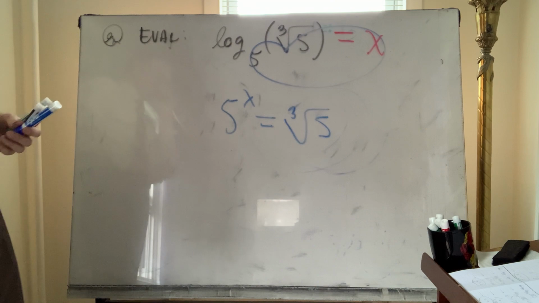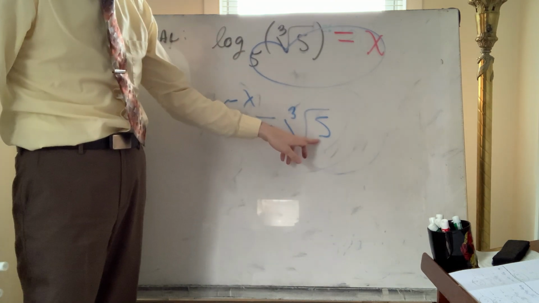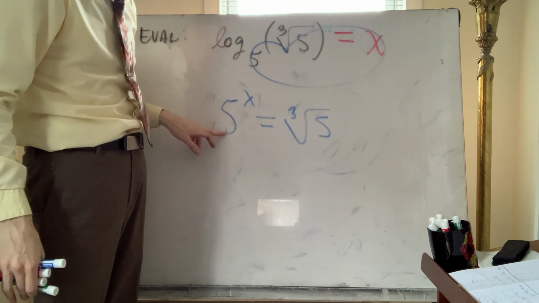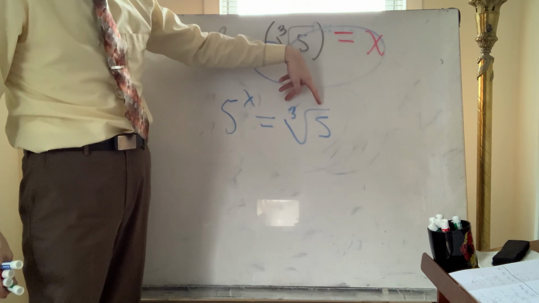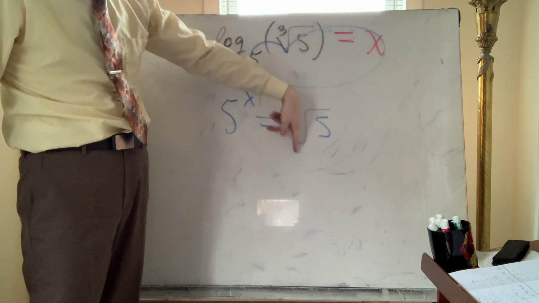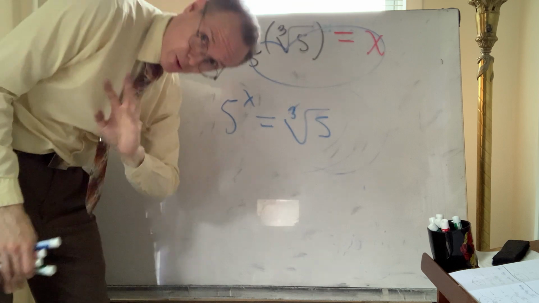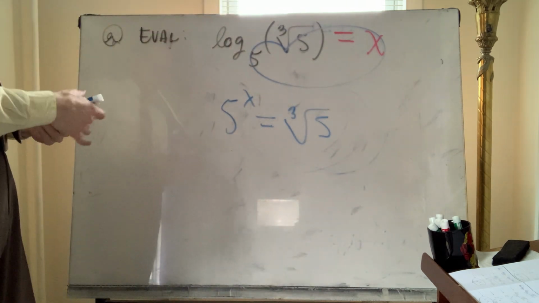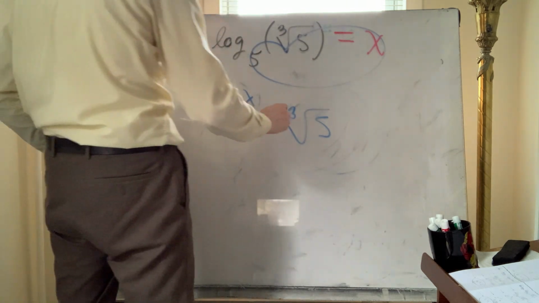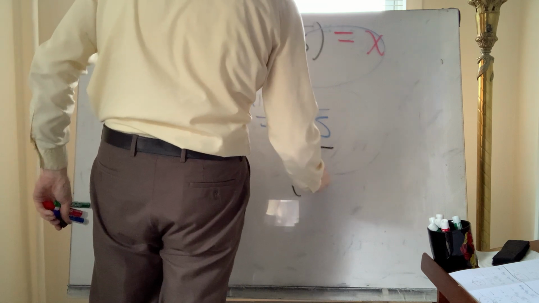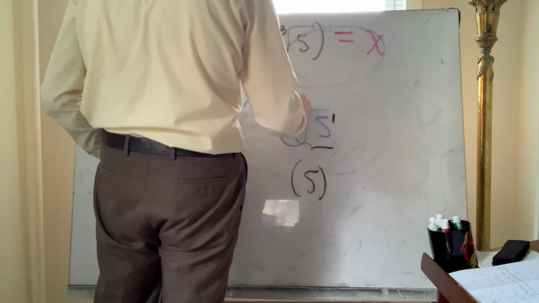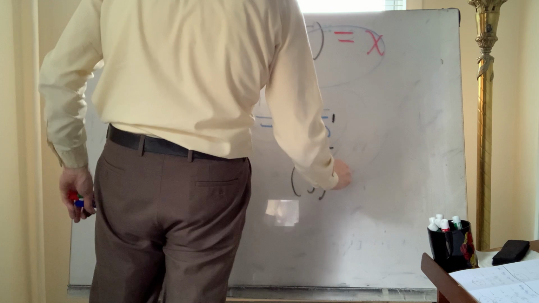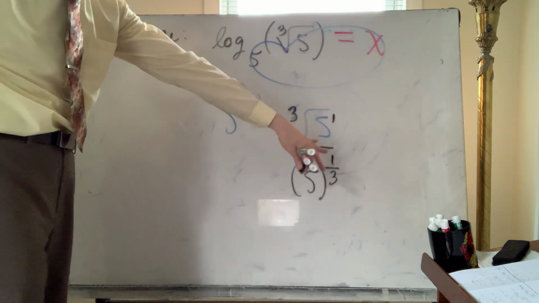Now notice something. If the radicand is the same number as the base here, remember that the alternative way of writing something in radical notation is to put it in rational notation. It means the same thing, but this would be 5 to the index of 3 with a 1 for the exponent.